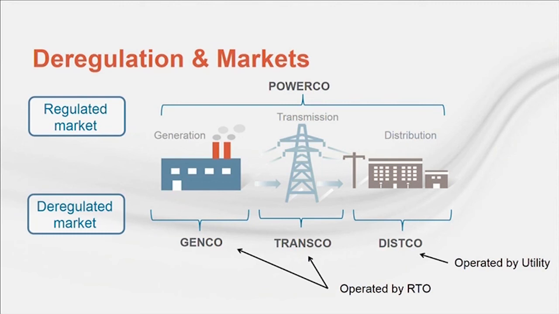They coordinate all maintenance and new construction and also maintain a long-term plan to meet future loads. The utility still owns and maintains the distribution system, and most importantly, the utility has the legal obligation to deliver the electricity to the customer, no matter who they choose as their supplier.